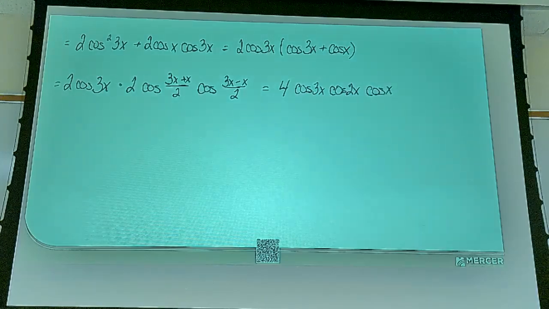Two times 2 is 4. 3x plus x, 4x over 2 is 2x, right? And then 3x minus x, 2x over 2 is just x. So 4 cosine 3x, cosine 2x, cosine x. We just now have to rewrite that, and we have our result.